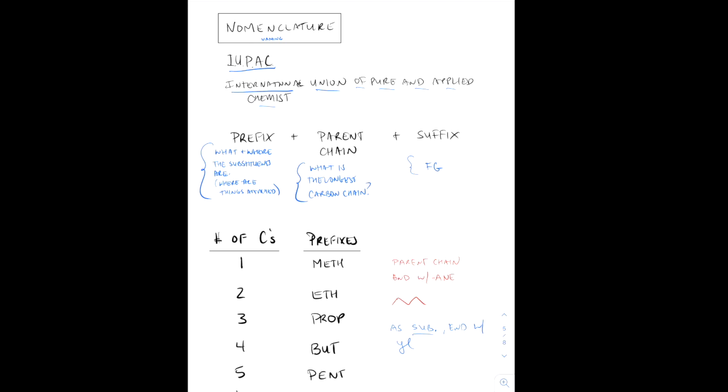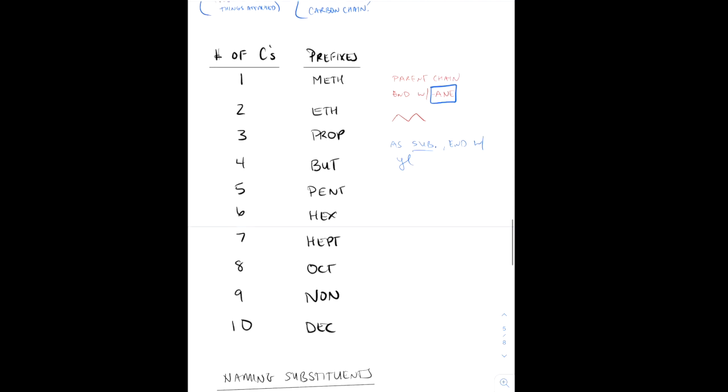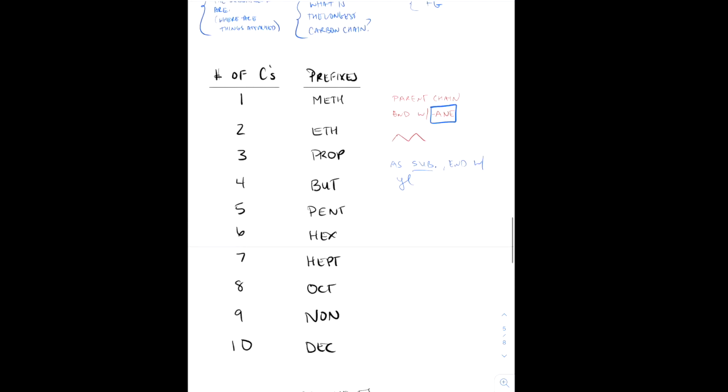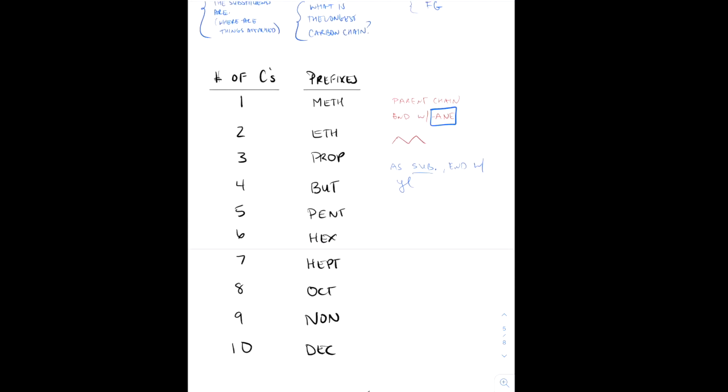As we remember from a previous video, hopefully, the suffix for alkanes is -ane. As a little reminder, we have our number of carbons and our prefixes here. For 1 up to 10 carbons, we were given the prefixes meth, eth, prop, but, pent, hex, hept, oct, non, and dec.